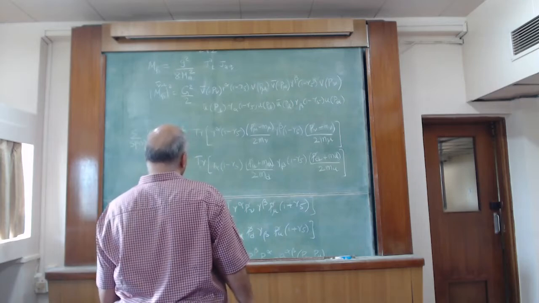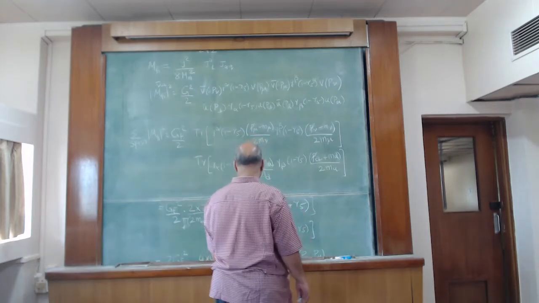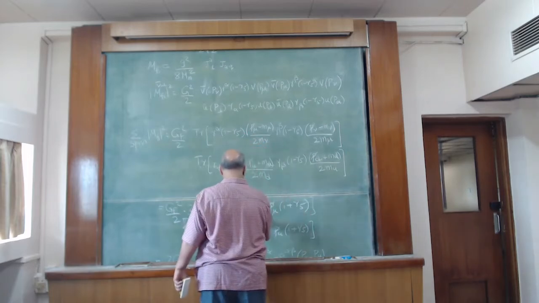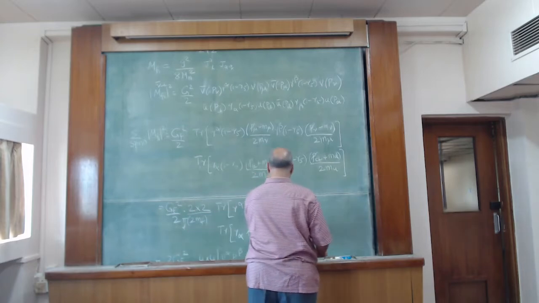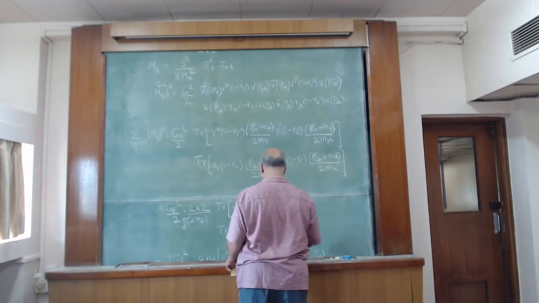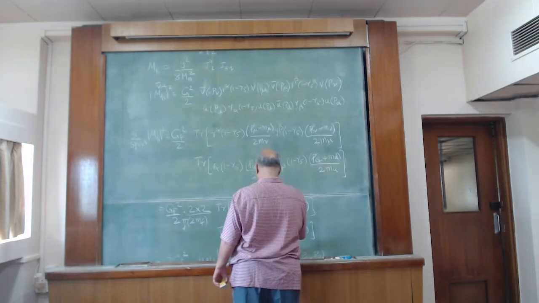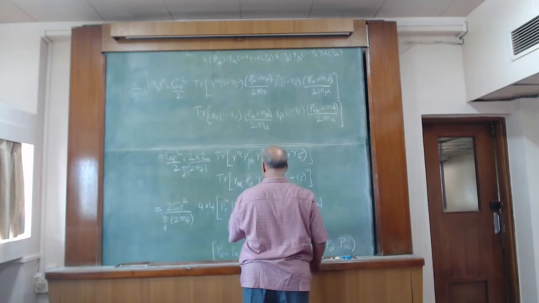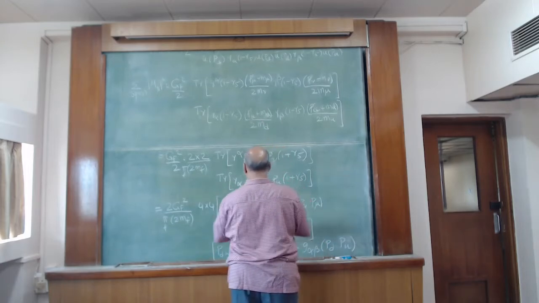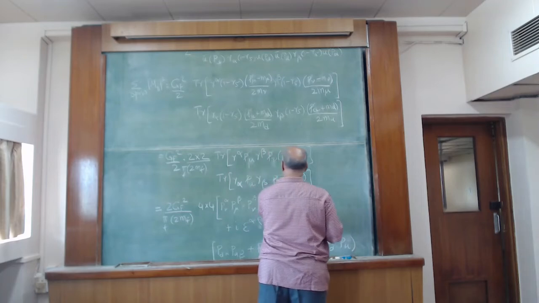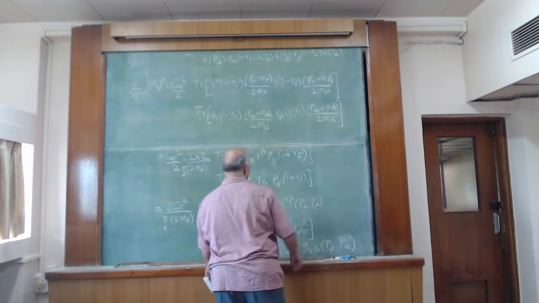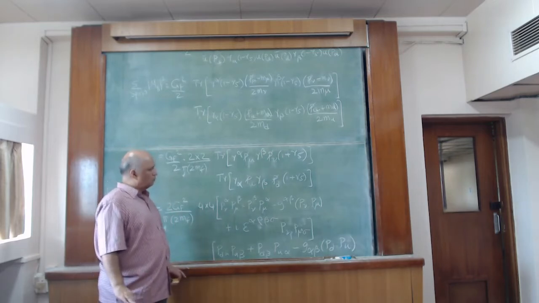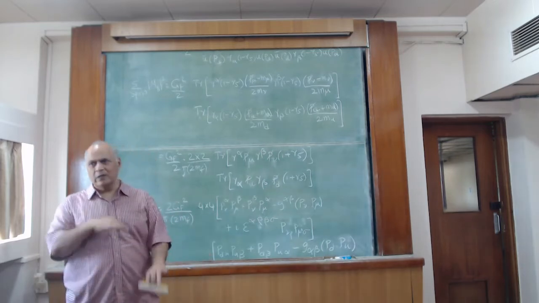So I have here p mu slash, and pu slash, and pd slash. Now the structure is exactly same as before.